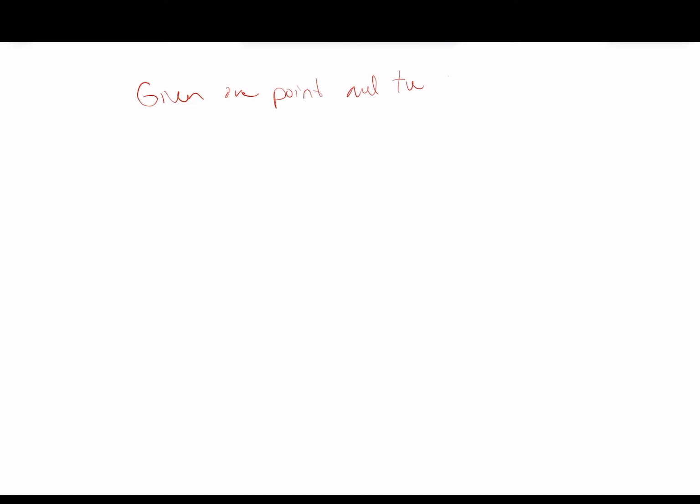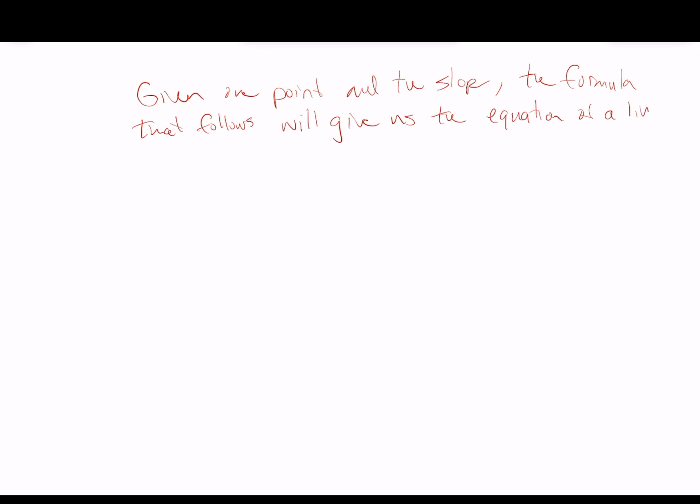Well, the point-slope formula says that if we're given one point and the slope, the formula that follows will give us the equation of a line.